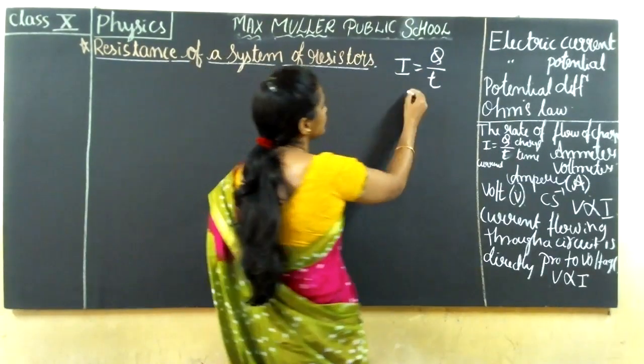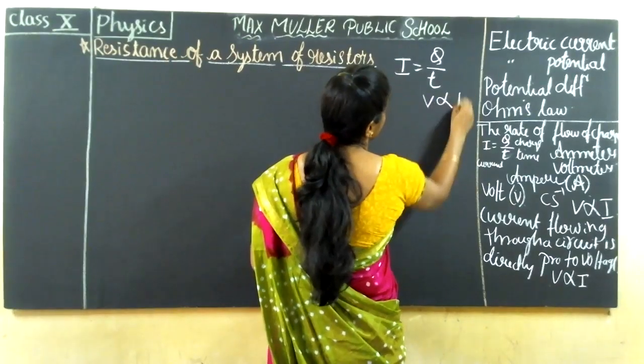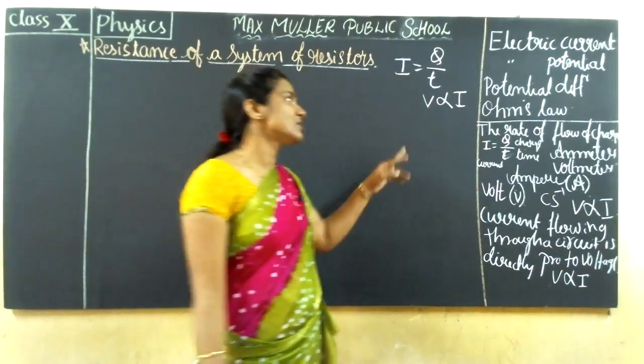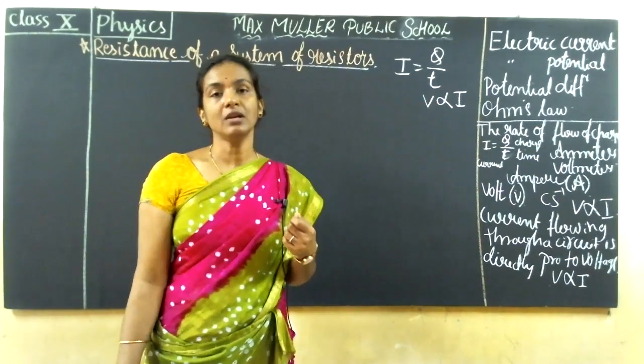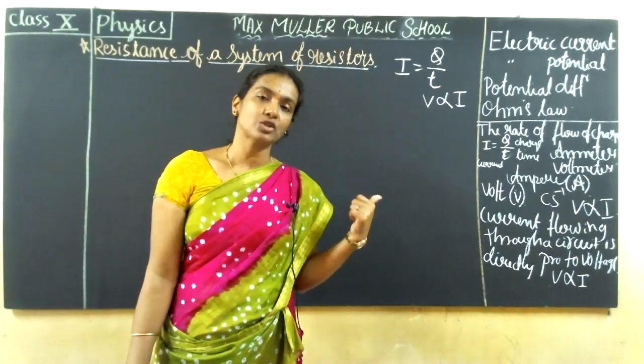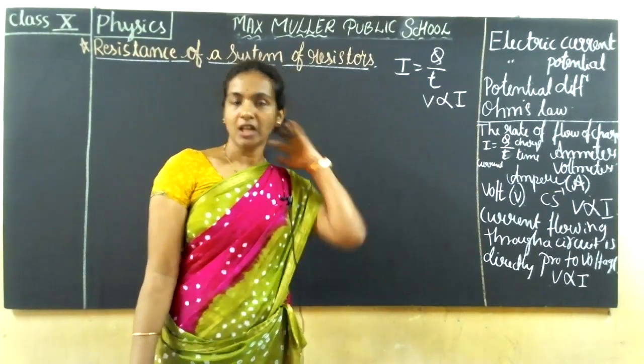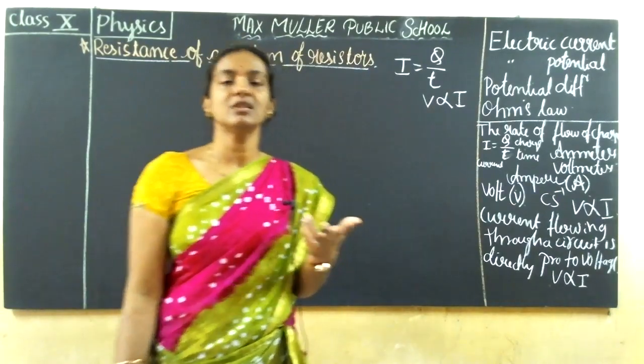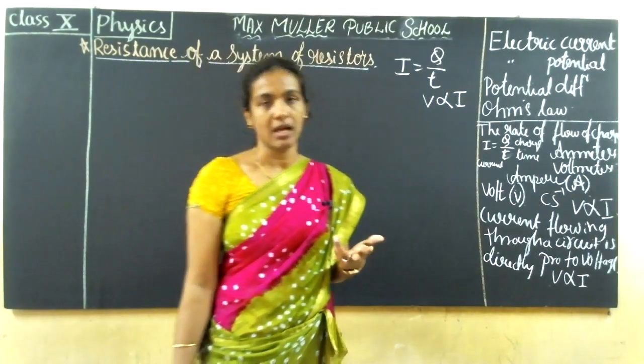But our Ohm's law says current is directly proportional to voltage. If you have a proportionality sign between them, you cannot calculate, no? So you need to take a constant between them so that you can do the calculation.